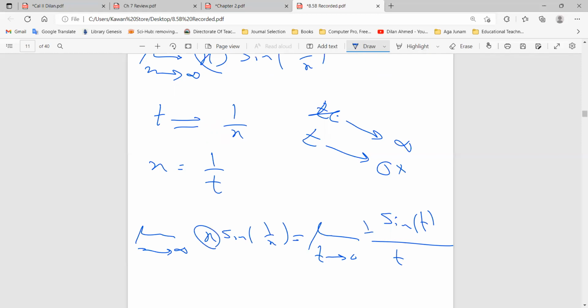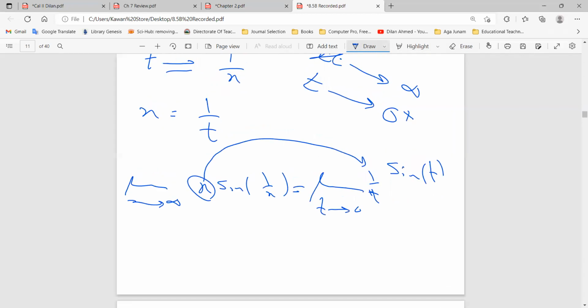So here is 1 over t. And later this x changed to 1 over t.